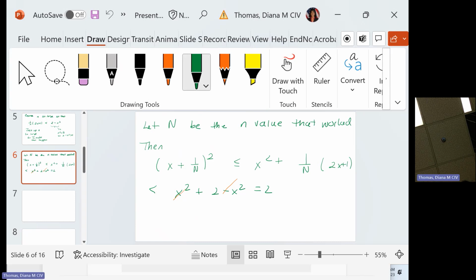So what that means is x plus 1 over n is in my set. It belongs to the set. Right? Because when I squared it, I got something less than 2. That's a problem. Because I've just added something to my soup and it's inside the set.